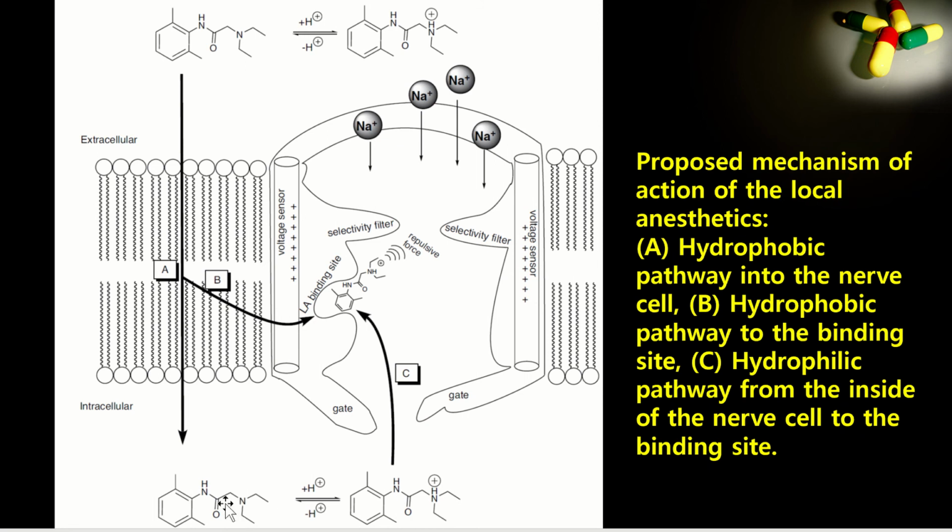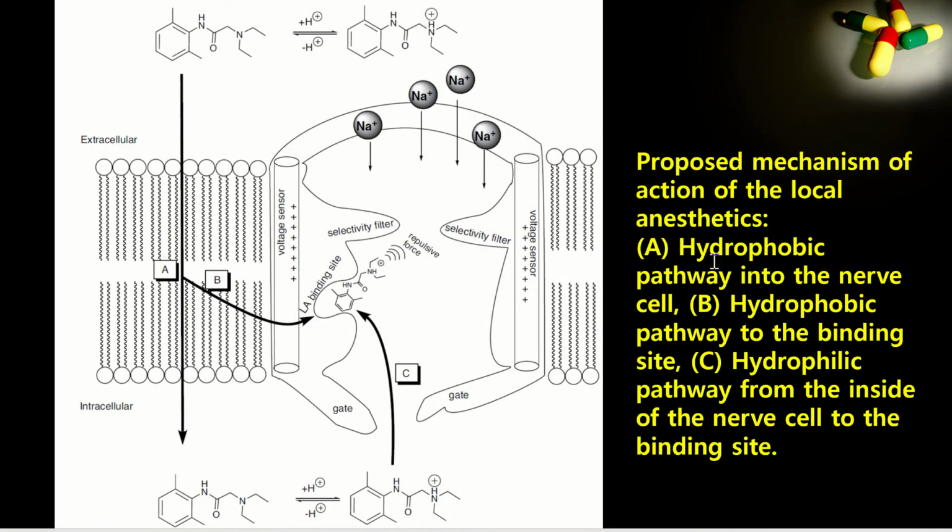Notice we have a tertiary amine here, and it is protonated, so this is clearly its ionized form. Once it is protonated, it can bind to the binding site and block sodium from entering the channel. Just to repeat, this is a proposed mechanism of action of the local anesthetics.